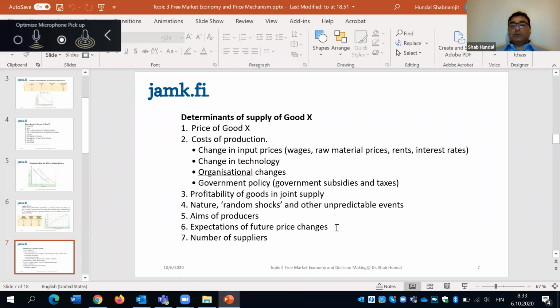And also the number of suppliers is very important. This point I have actually covered already in point 5, that if there are more suppliers, then the market is more competitive, all right? Then you are not able to supply more at a given price because you are competing. But when you have fewer suppliers, the market is more oligopolistic. Oligopoly is a market form when there are very few suppliers, not many.